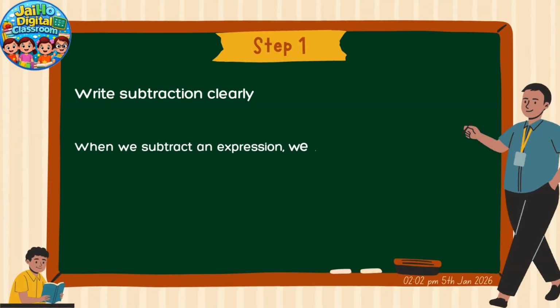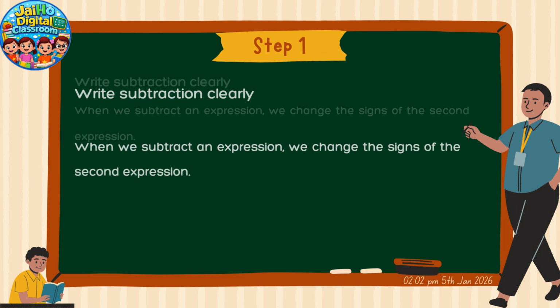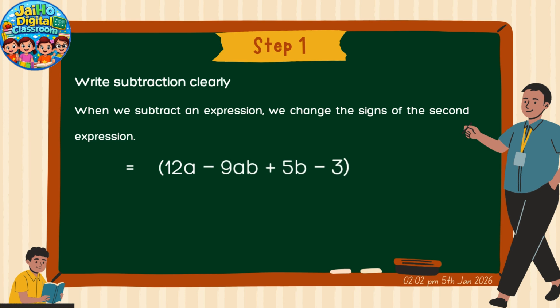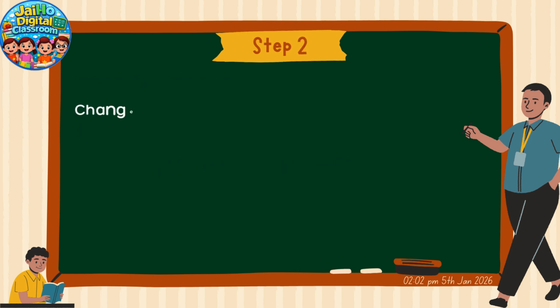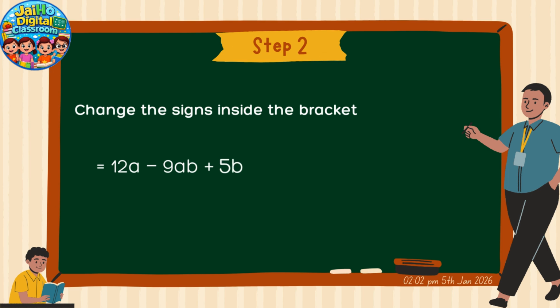When we subtract an expression, we change the signs of the second expression. 12a minus 9ab plus 5b minus 3 minus (4a minus 7ab plus 3b plus 12). Now, when we subtract an expression, we change the sign of every term inside the second bracket.